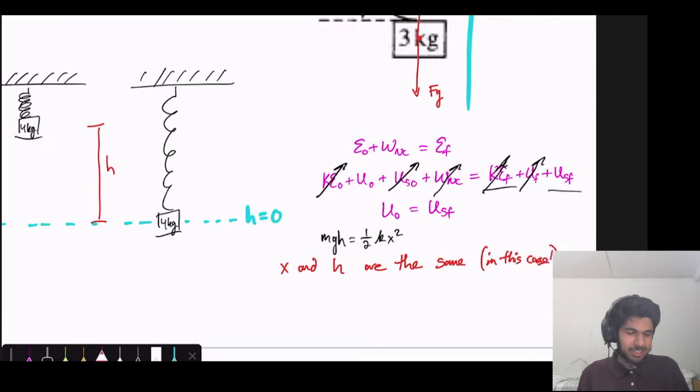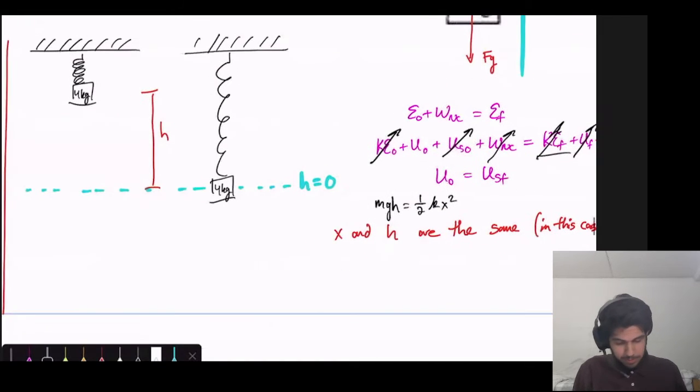This is not always true. This is due to how we defined h equals 0, and also just due to the problem in general. But we can see that x and h are the same, so we can substitute this x with an h, and then solve for h. So I need some room, so I'll just bring it over here.